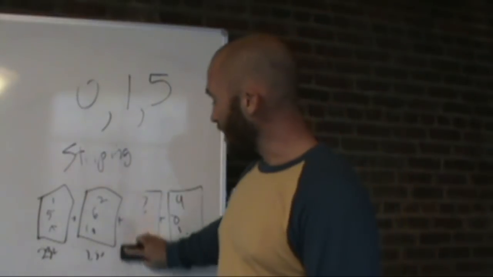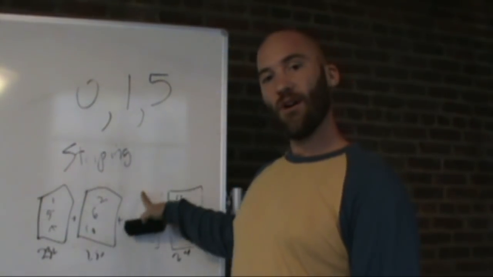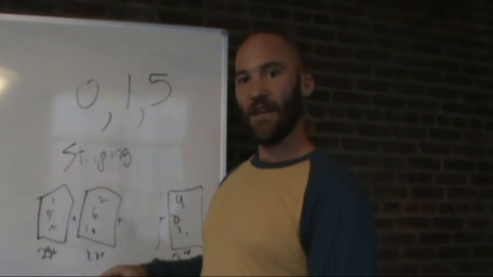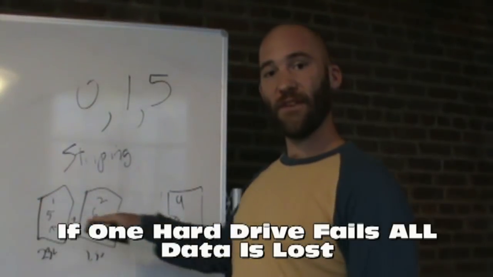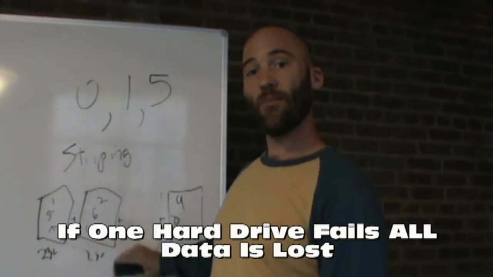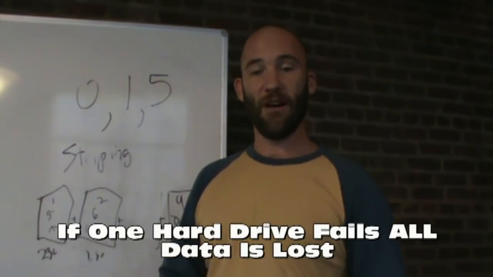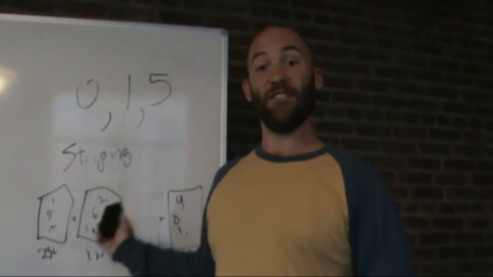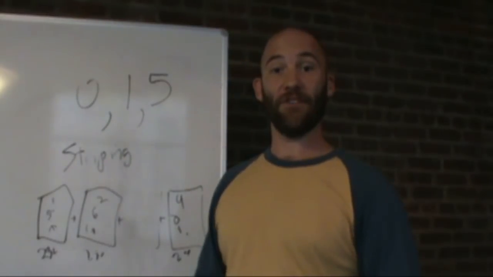If one of these hard drives fails in this array, then you lose all the bits that are on that hard drive. Not the data, but the bits. So if that document is striped across all of these hard drives and you lose this one little portion in the middle, that means your document is gone, your videos are gone. Any data residing on this RAID array is destroyed because a portion of the bits and bytes have vanished.